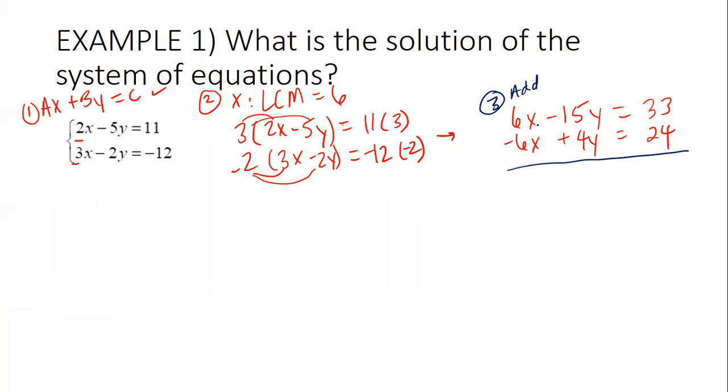When I add these two together, what happens to my x's? What's 6 plus negative 6? 0, right? They eliminate. Hence why it's called elimination. What's negative 15 plus 4? Negative 11.